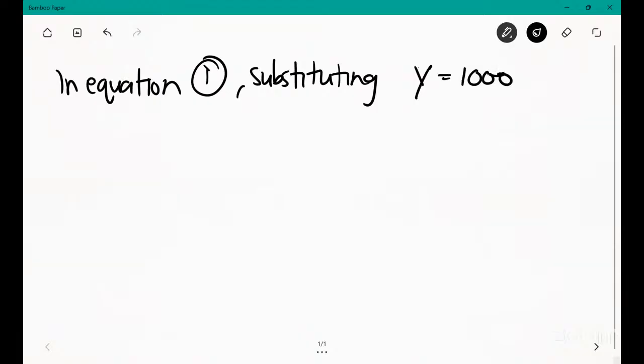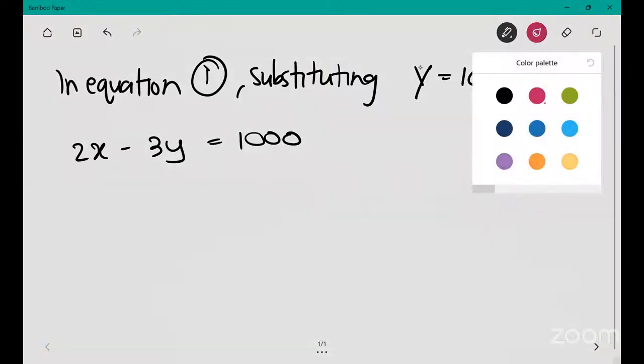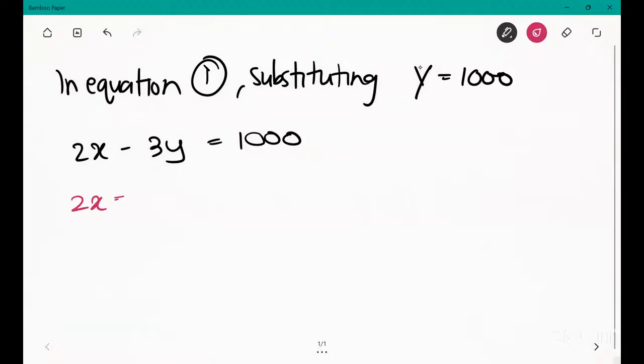We had 2x minus 3y is equals to 1,000. Now we're going to substitute and find the value. When you substitute, 2x minus 3 into 1,000 is equals to 1,000. So 2x minus 3,000 is equals to 1,000.